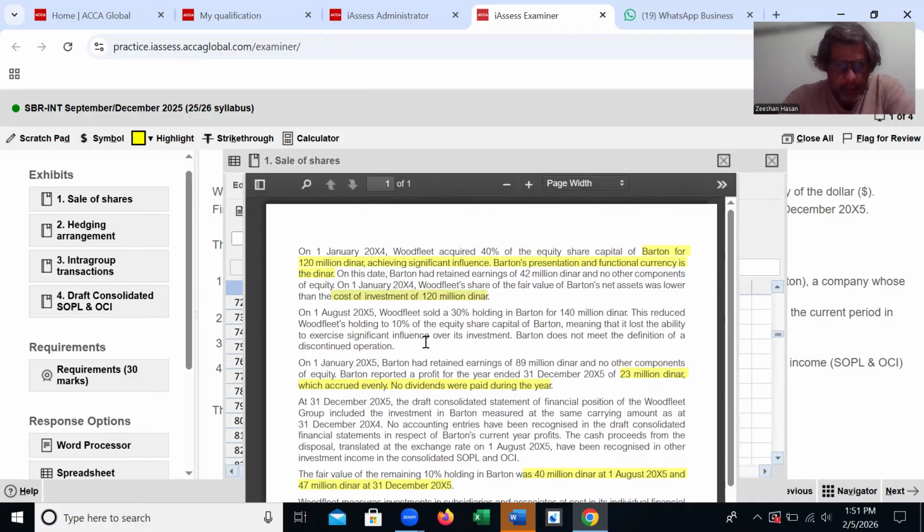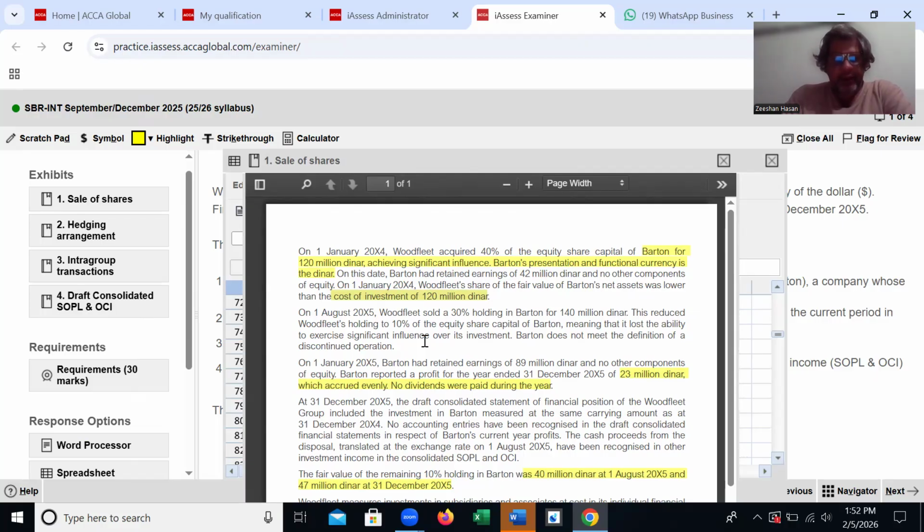On 1st August, Woodfleet sold a 30% holding in Barton for 140 million dinar. This reduced Woodfleet's holding to 10% of the equity share capital of Barton, meaning that it lost significant influence over its investment.